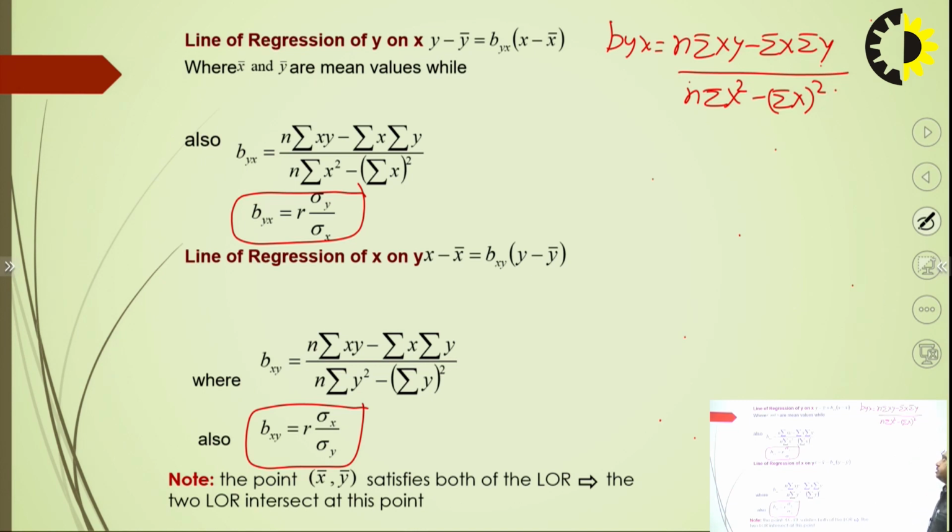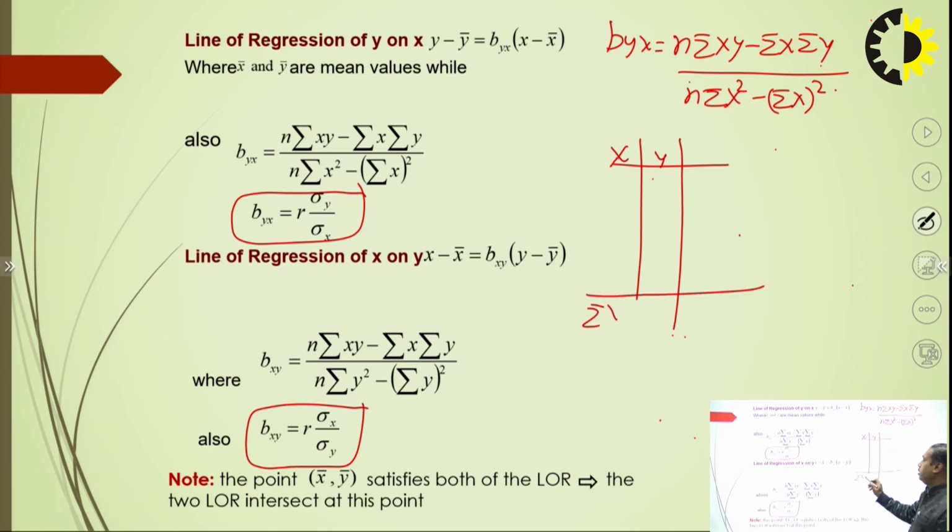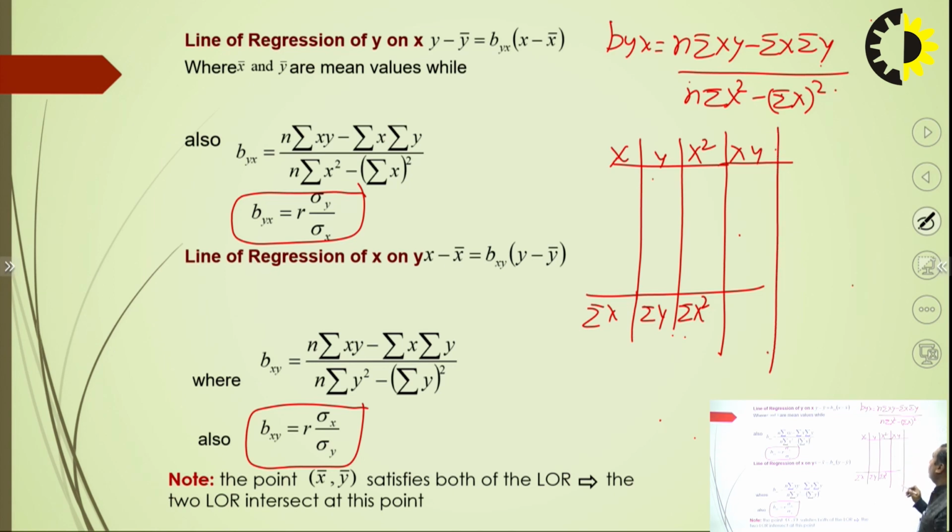When the values of x and y are given, we have to find summation x, summation y, summation x square, and summation xy, where n is the number of samples.